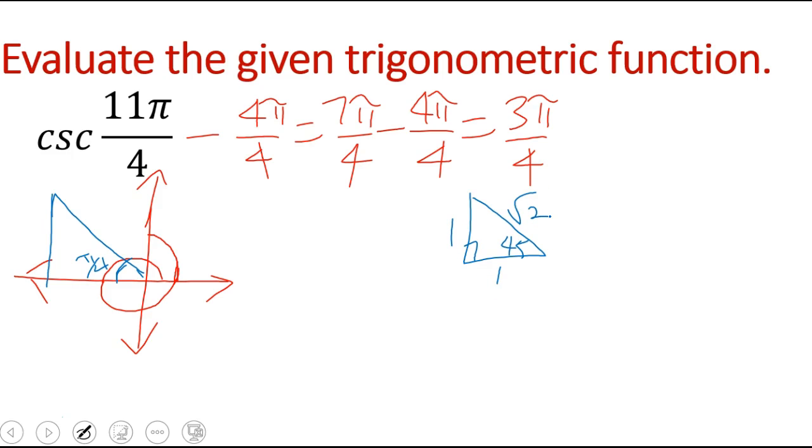Honestly, that's basically all you need. Since this is a 45 degree angle, and the right angle is here, the two legs will be in the ratio of 1:1, and the hypotenuse is going to be square root of 2.